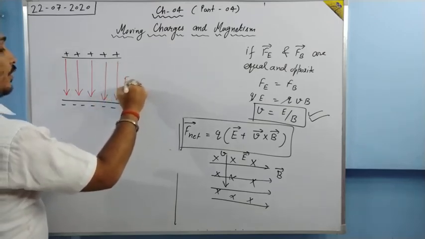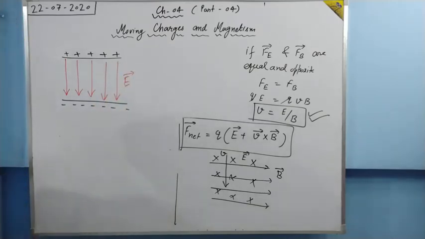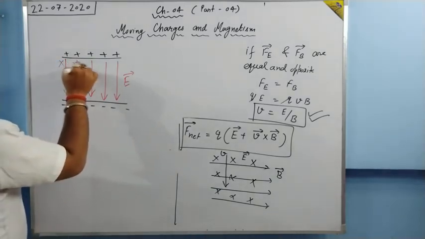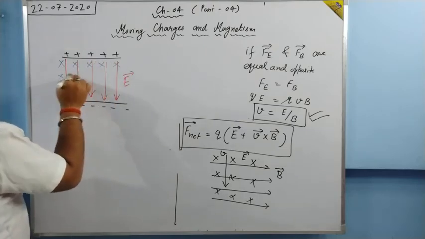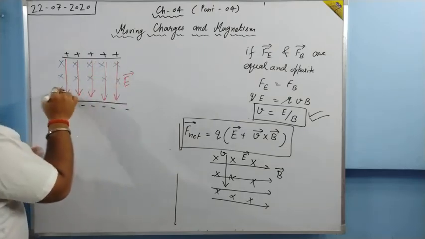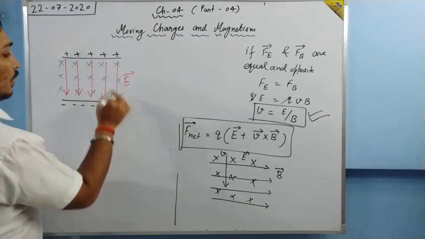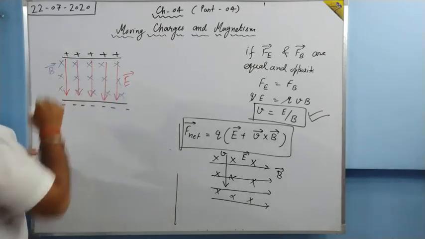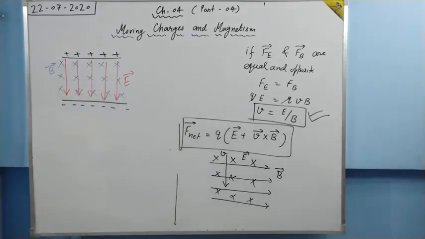This is electric field, okay? In what direction is the magnetic field? The magnetic field is like this, cross. This is your magnetic field, right? Electric field is downward, magnetic field is inward. Both are perpendicular to each other.